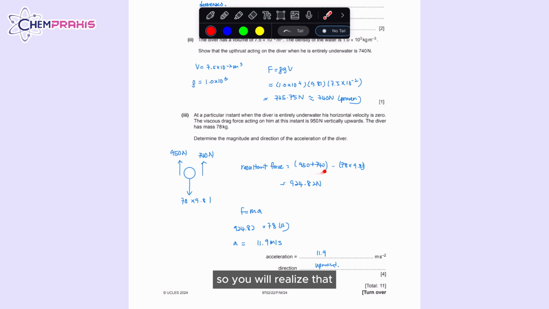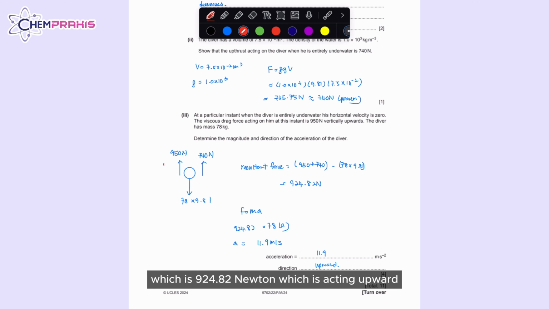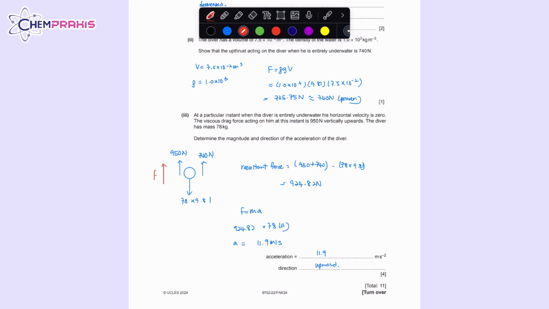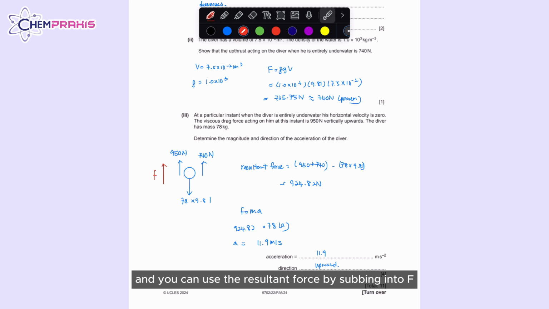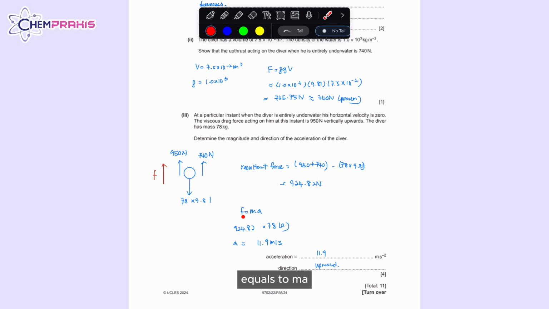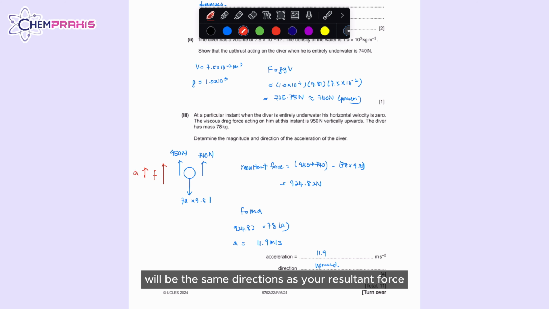You will realize that after breaking down all the forces, you will get a resultant force of 924.82 Newton, which is acting upward. You can substitute the resultant force into F equals ma, and you can find out the acceleration's value. Your acceleration will be in the same direction as your resultant force, so it will act upward.